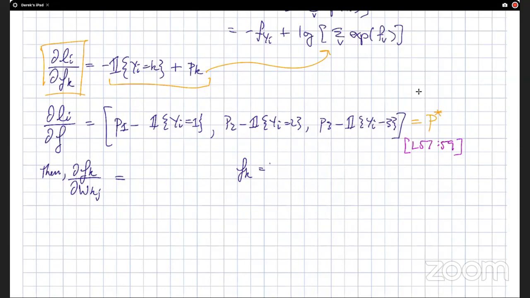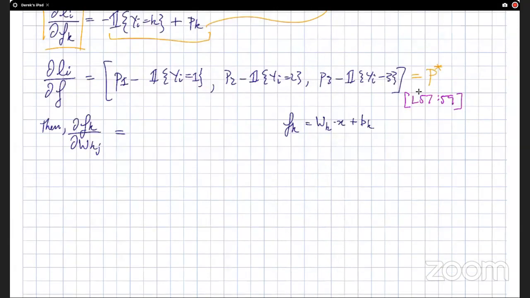Here the k corresponds to the particular row. So then what's dfk over dwkj?